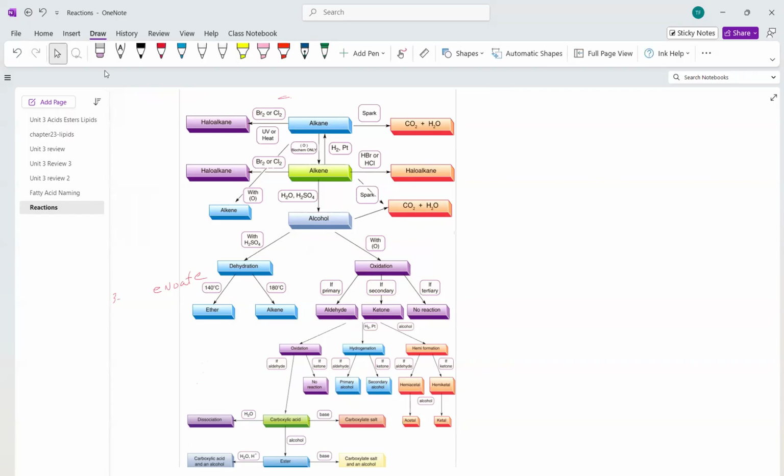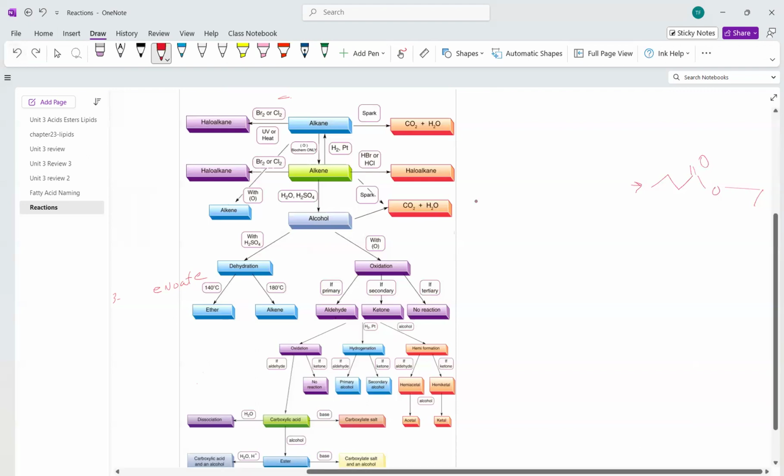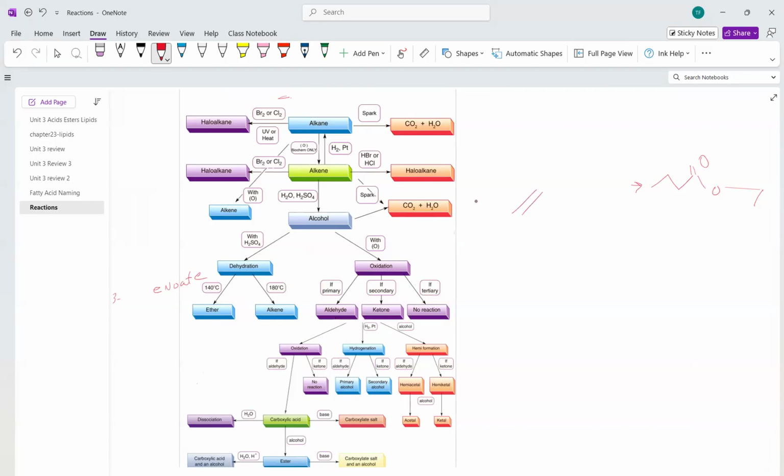So let's want to make that ester from, start from that.